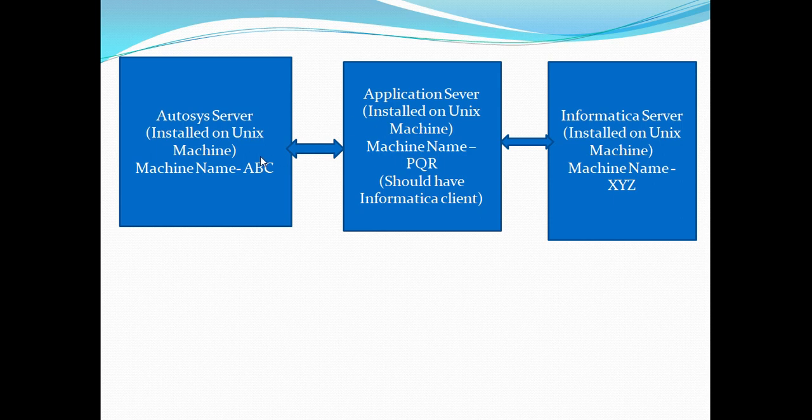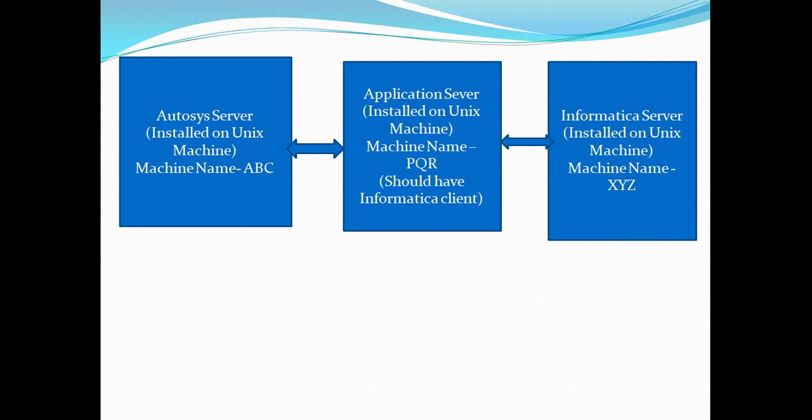Now what exactly happens when I mention the Autosys command job, I will mention the machine name PQR in the Autosys command job. So as soon as I go ahead and execute that particular job, my Autosys server will understand that it needs to execute that particular command on this server PQR.